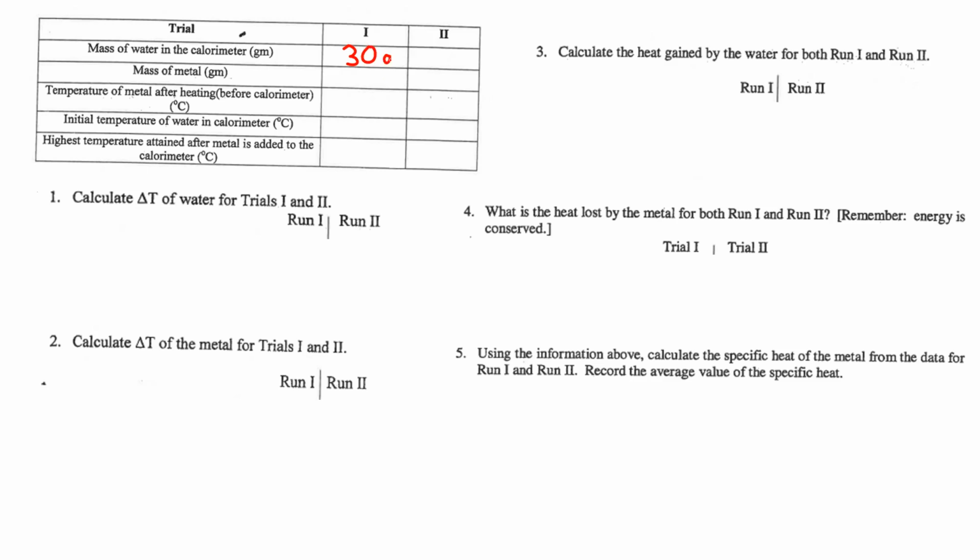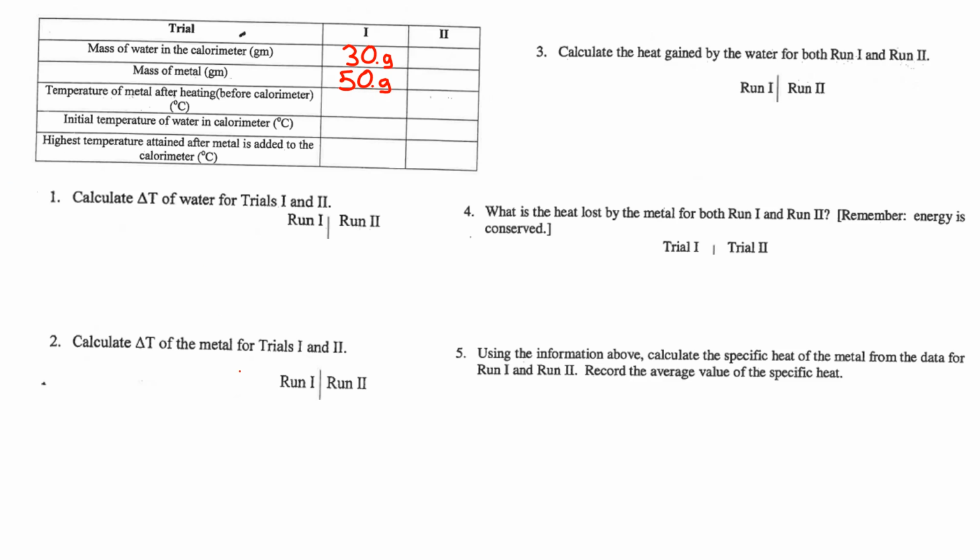Let's just say that I had 30 grams of water in the calorimeter. I weighed out a 50-gram sample, and do realize both of those actually go to 3 decimal places because my scales go to 3 decimal places.